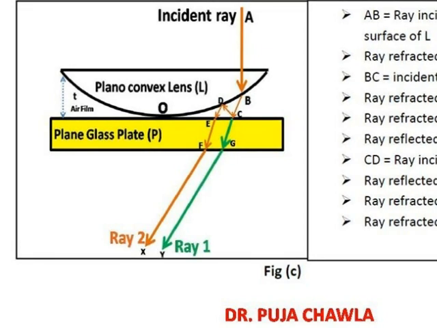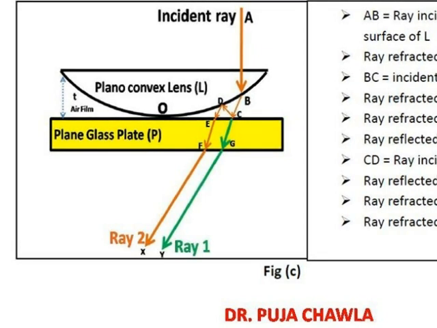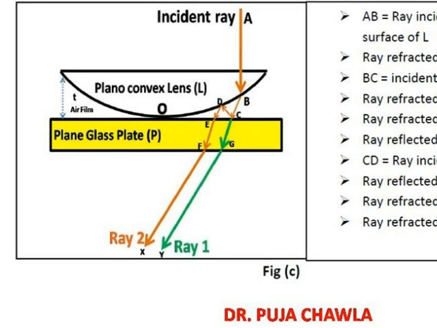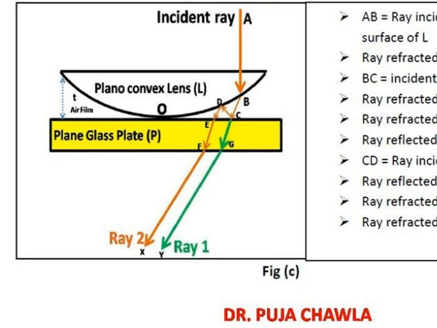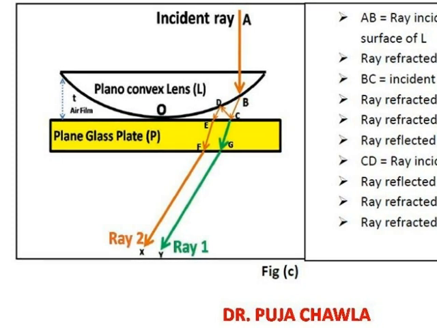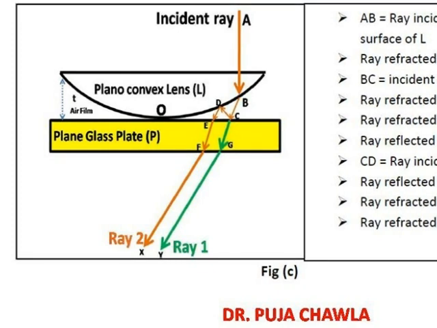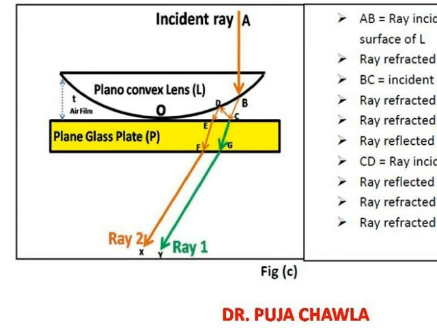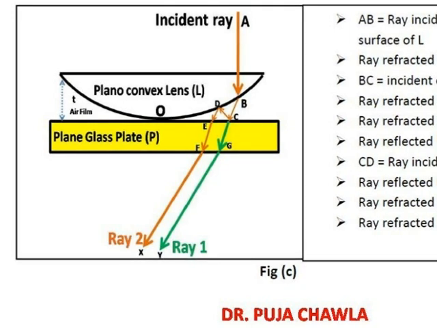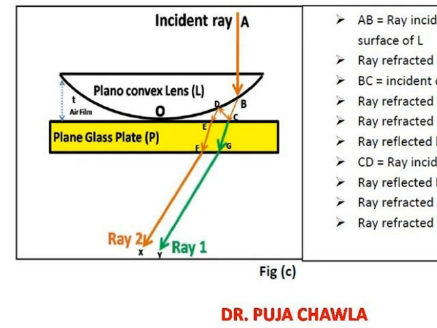Suppose the apparatus, the plano-convex lens over a glass plate P, is over a table and our viewing microscope is below the table. Now what would be the pattern produced below the table? It is formed by the rays which are transmitted through this plano-convex lens system.